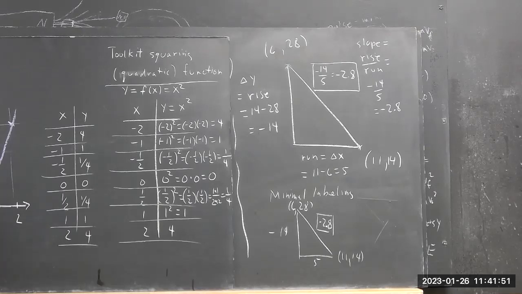Where x equals negative 1.6, I'll draw a vertical line. Then if I come up here, draw a horizontal line. That tells me, according to this graph, what the square of negative 1.6 would be.